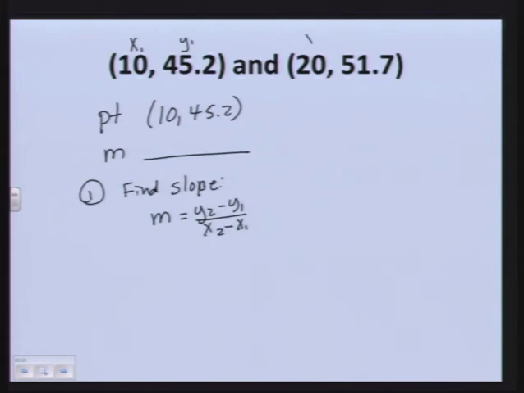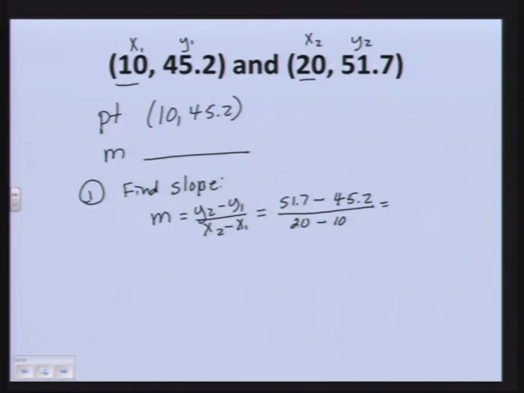So this up here will be my second ordered pair x, y, and my slope is going to be y sub 2, 51.7, minus y sub 1, which is 45.2, divided by x sub 2, which is 20, minus x sub 1, which is 10.